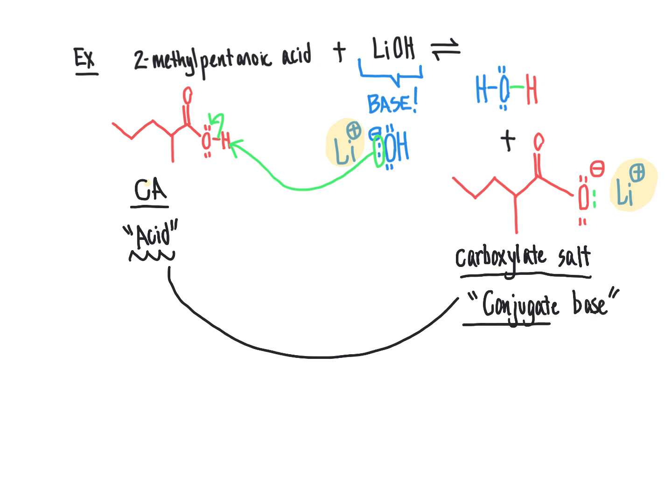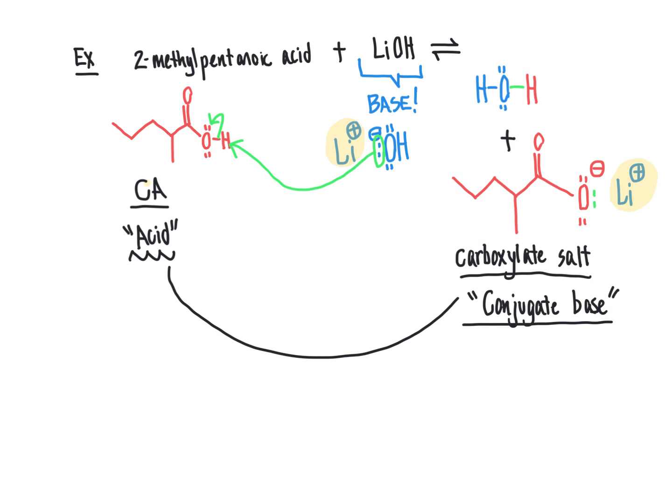And if we showed that the carboxylate salt were reacted with acids such as HCl, the reaction could go in the other direction because the presence of HCl acid would force the reaction to go back toward the side of the 2-methylpentanoic acid. So with this, we recognize that depending on the environment that a carboxylic acid is present in, if there is base present, then the carboxylic acid is going to react with that base to lose a proton and become the carboxylate salt.